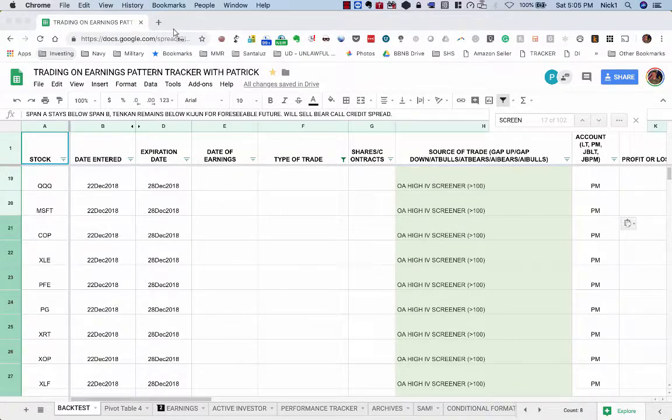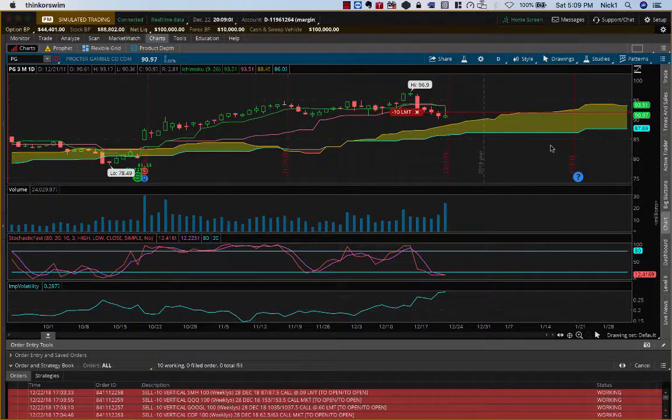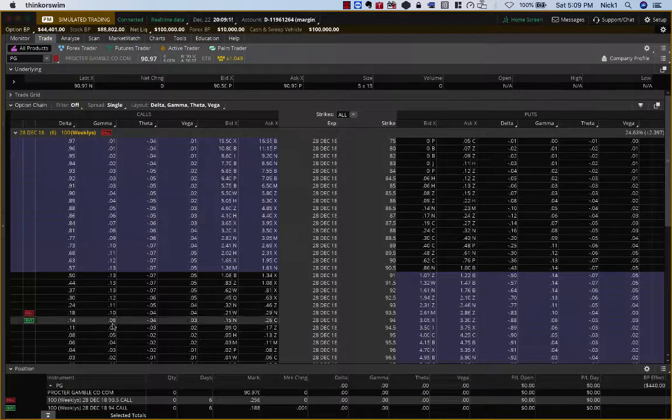Oh, looks like we might have frozen Thinkorswim. So here's Procter & Gamble. Let's do the same thing with the vertical. Look for the delta around 20.